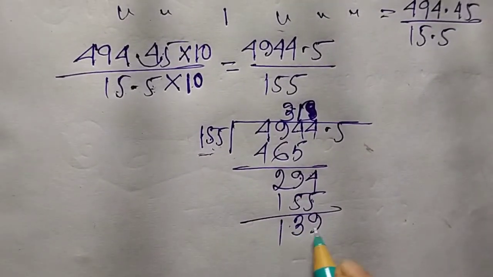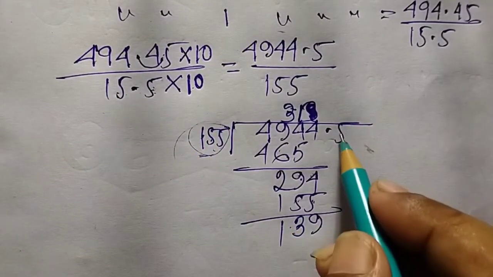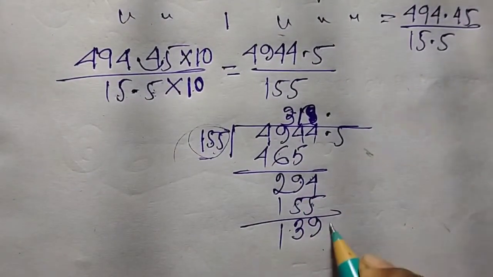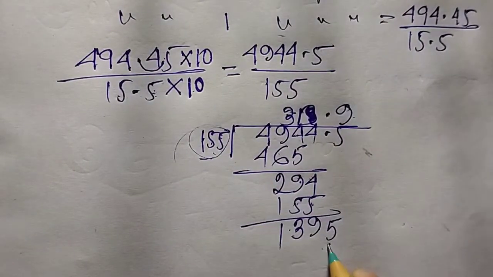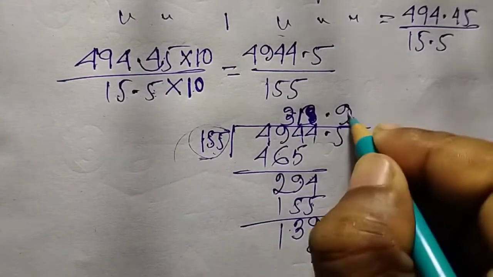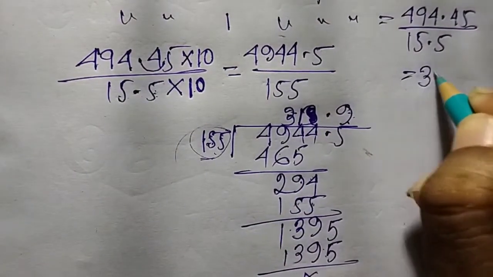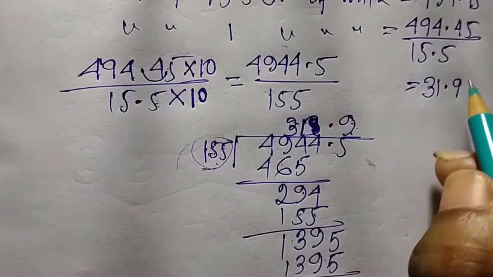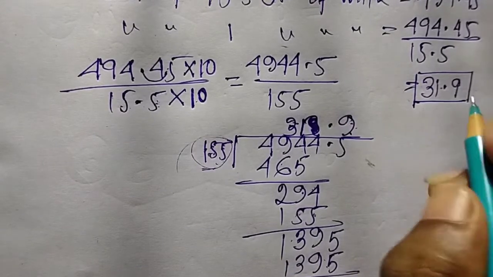So 139 is a 3 digit number, but it's less than 155. So we have to put another digit. So here is the point. So move this point to this place and put here 5. Now 5 9s are 45, carry 4, 5 9s are 45 and 4 49, carry 4, 9 1s are 9 and 4 13. So our answer is 31.9. So the cost of 1 liter of milk is 31 rupees point 9 paise.